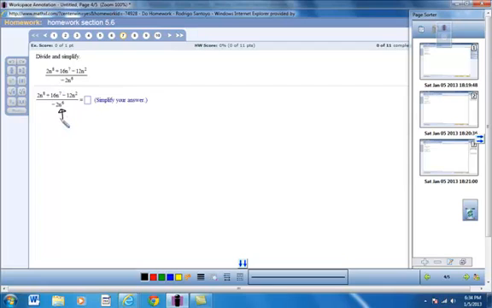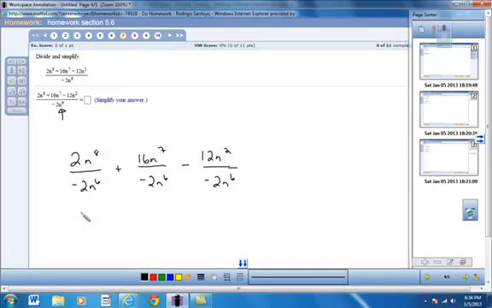Denominator will be negative 2n^6, so we'll have 1, 2, 3 fractions. 2n^8 over negative 2n^6 plus 16n^7 over negative 2n^6 minus 12n^2 over negative 2n^6.